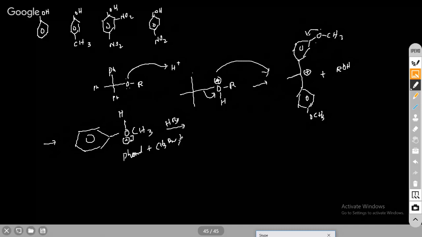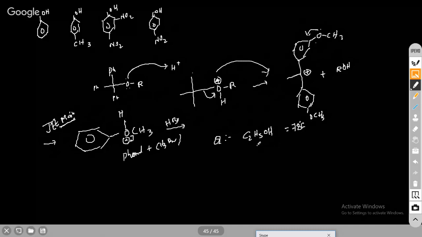Understood? So this question was asked in JEE Mains. Another one you see, a BITSAT question. It is given that ethanol, C2H5OH, has a boiling point of 78 degrees Celsius.